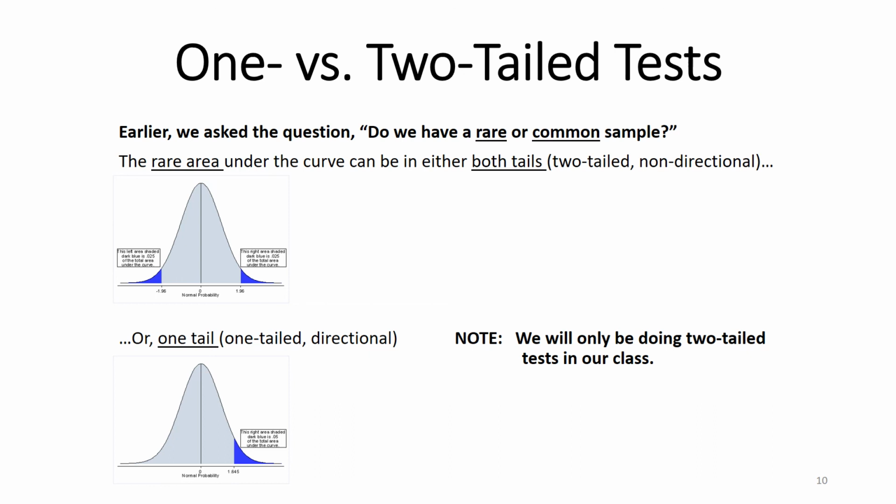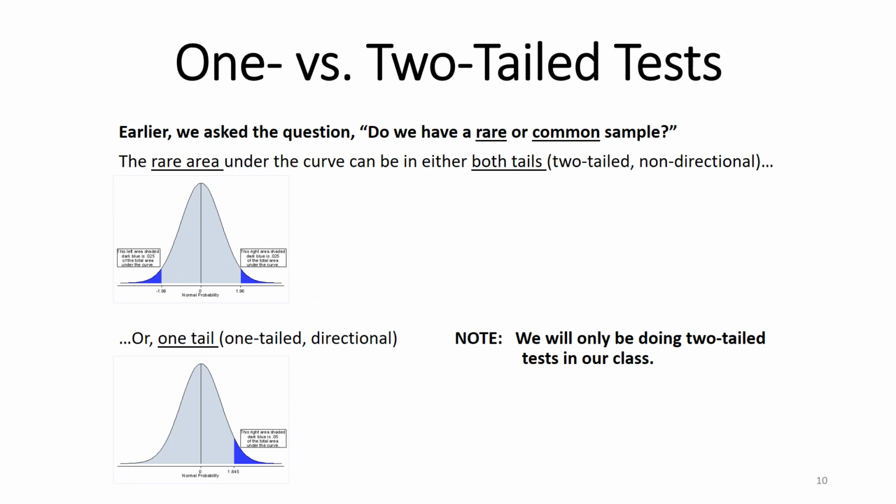Remember back in step 3 when we set alpha at 0.05. So we're saying that the amount of rare area under the curve is only where there's 5% of area. But in a two-tailed test, we split that into both tails. That's where that negative and positive 1.96 come into play. On the bottom example of the histogram, we see that we have the normal distribution, but this is an example of a one-tailed test.